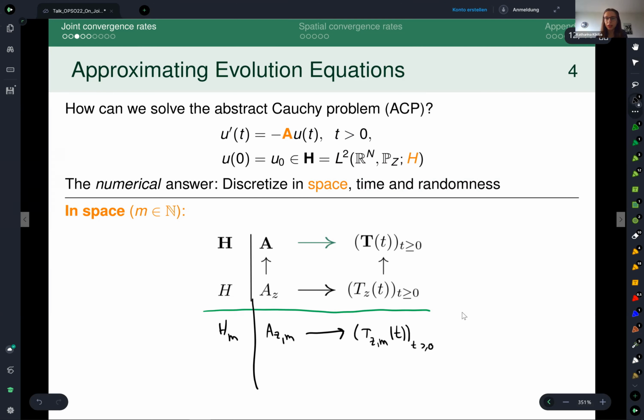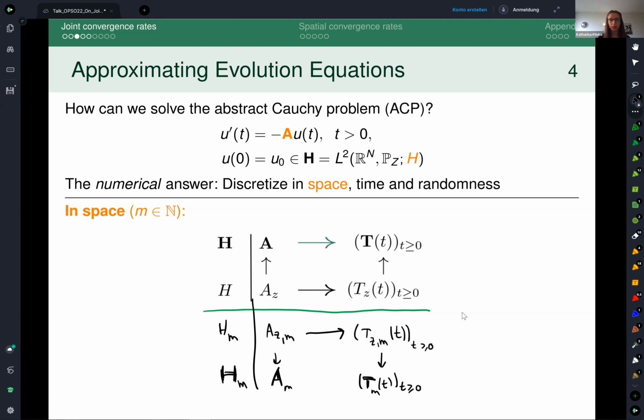And again, we can look at the corresponding bold spaces, so bold H_m is L2 of R^n weighted with pz with values in H_m, and add the corresponding multiplication operators and the corresponding multiplication semigroup bold T_m of t, which then yields our approximate solution in space.